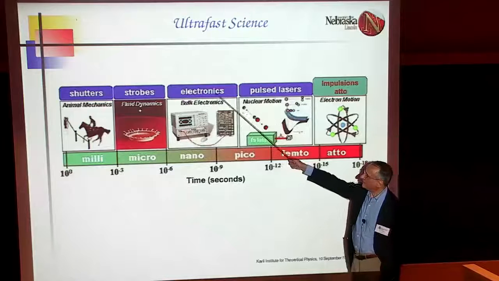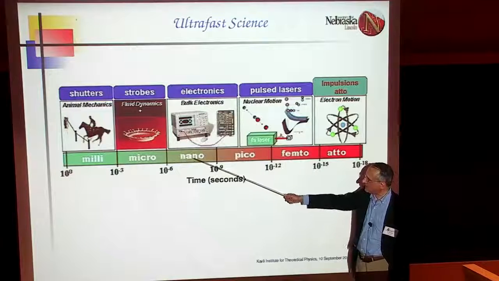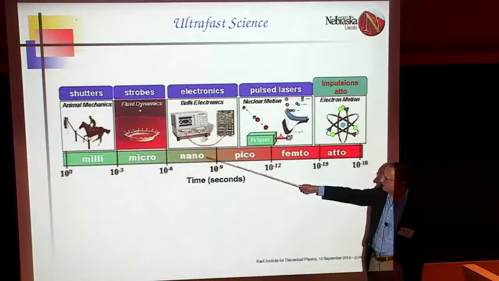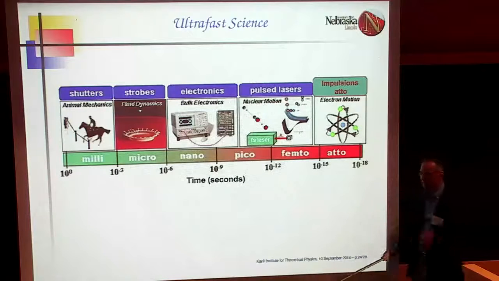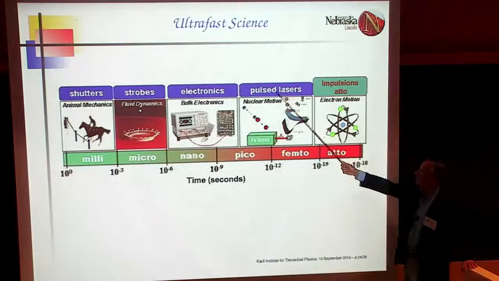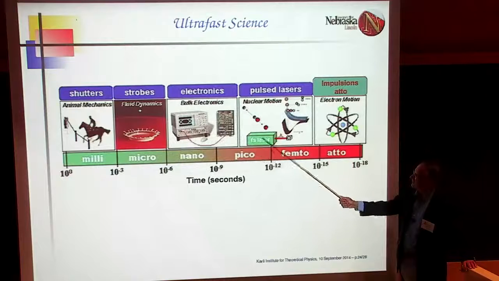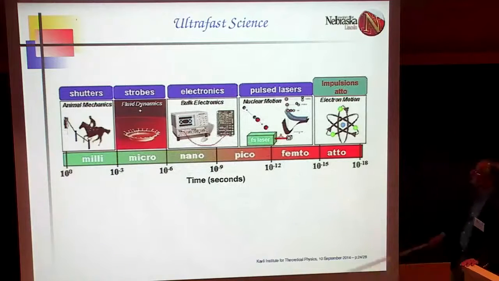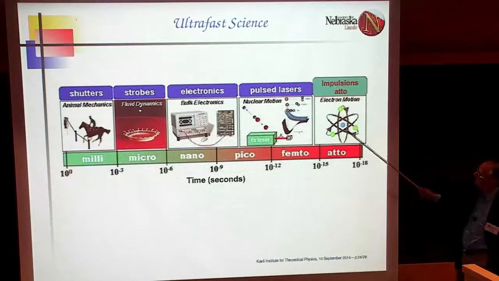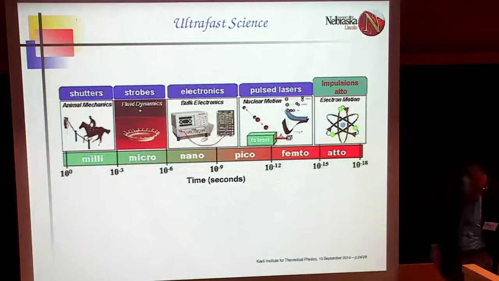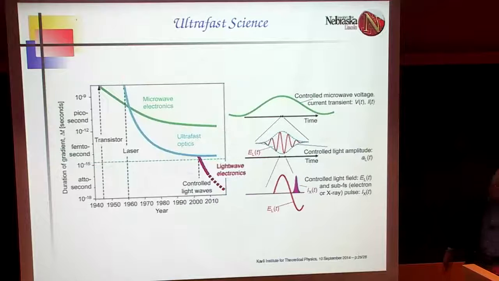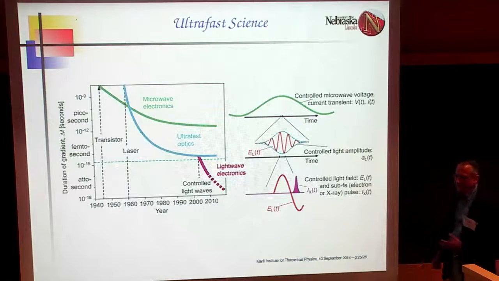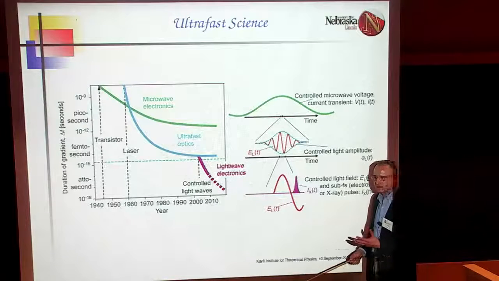If you have electronics, they work on nano time scales, billionths of a second. That's how fast you can switch electrons. Pulsed lasers, as we talked about, operate on pico and femtosecond time scales. And then you have electronic motion that operates on attosecond time scales. But other than just giving you names of things, the physics is very different.